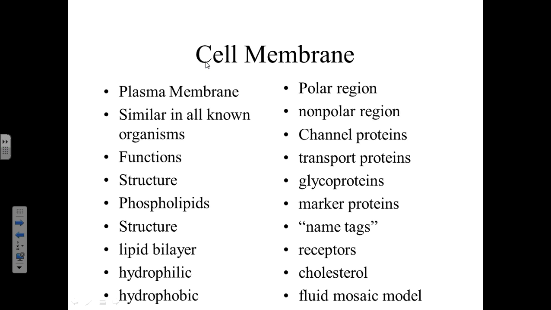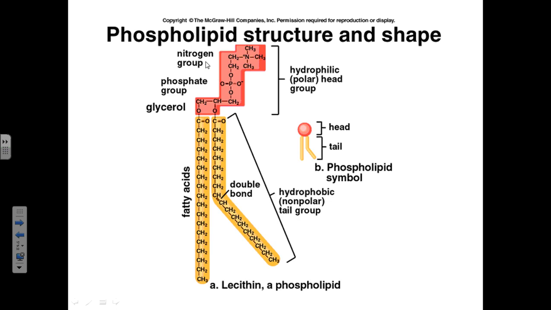Lipids mostly are non-polar, which means what kinds of things can go in and out of the membrane with no problems? Non-polar. Non-polar and non-polar like each other. Little things can go through pretty easily too. But there are lots of other things that might need to get in. So that's why there's some other parts of the membrane.